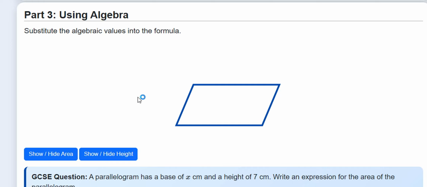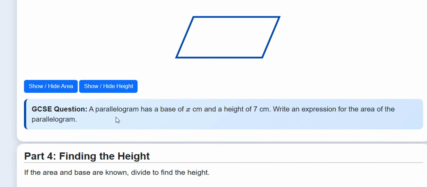Sometimes you can be told to write the area of a parallelogram in terms of a given algebraic expression. Like in this case, you are told a parallelogram has some base of x centimeters, then the height is 7 centimeters. Write an expression for the area of the parallelogram.